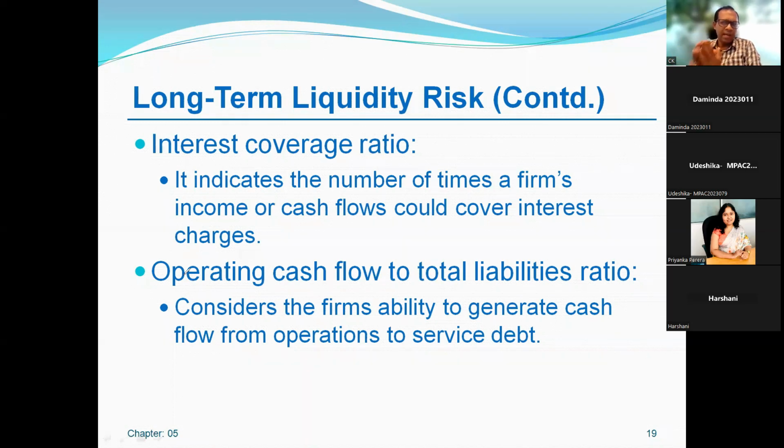So the idea here is not to see whether you are generating cash flow to meet all your liabilities. No, that is not the case. That is practically not possible also. Right? The idea is whether you have sufficient cash flow generation in the business to serve your debts. Right? So it has to be a reasonable proportion.